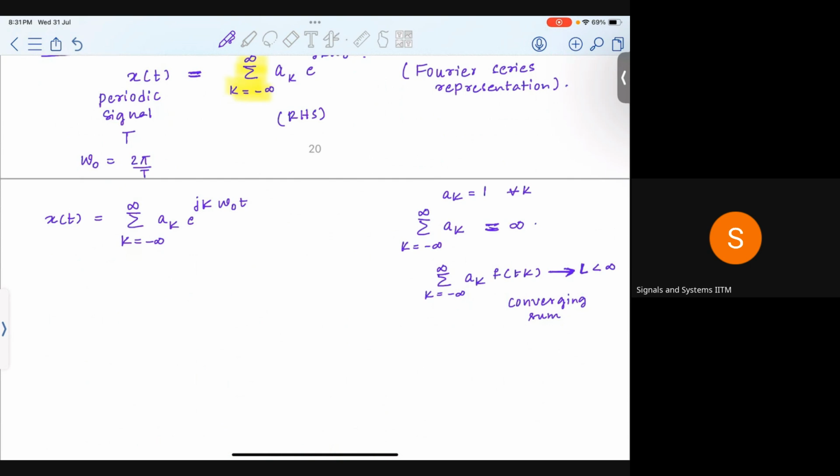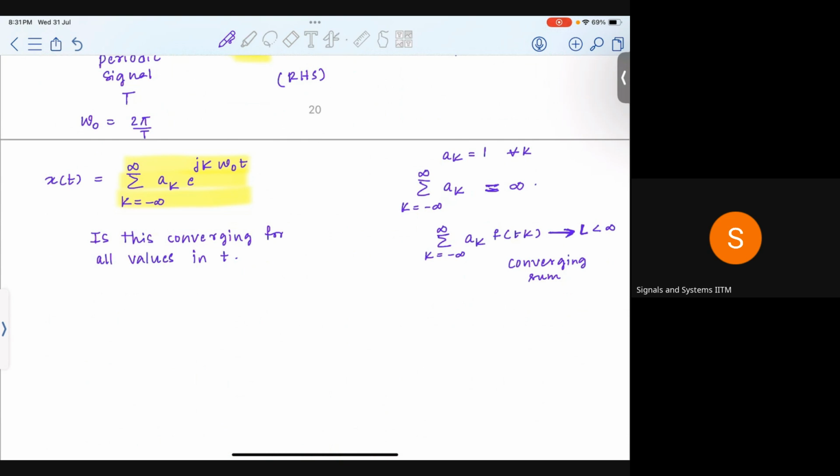Any question that one would ask is, the sum on the right hand side, is this even a valid sum? Is this a converging sum for all values of t?